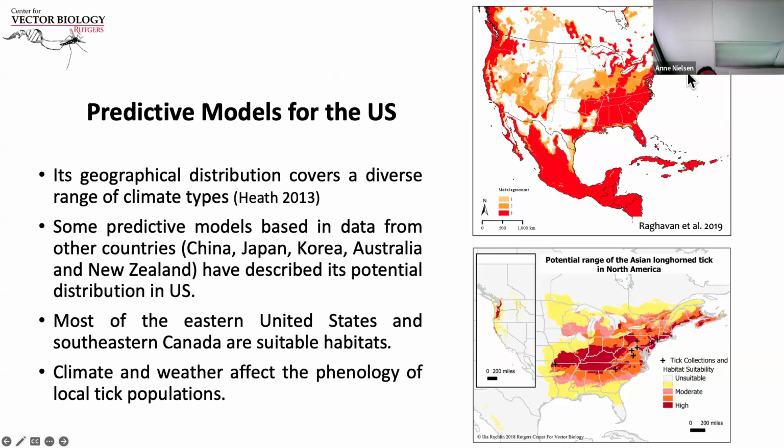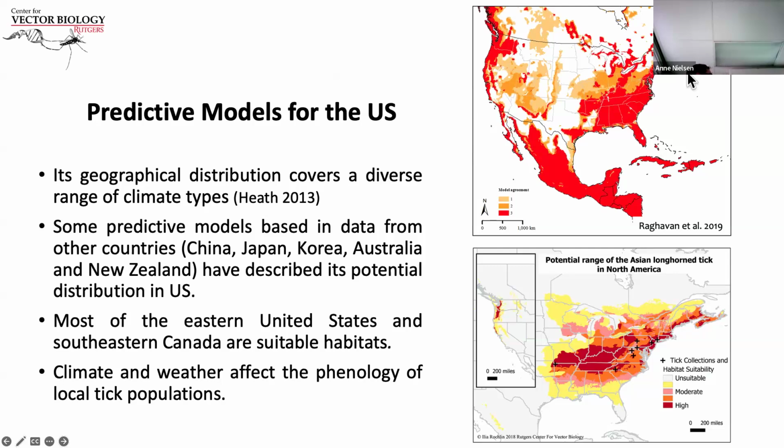Now, there were a couple of predictive models showing areas with high habitat suitability for Haemaphysalis longicornis in the United States. These models were based on known distributions of this species in Asia, New Zealand, and Australia. And as you can see, a great part of the United States is a highly suitable area for Haemaphysalis longicornis.